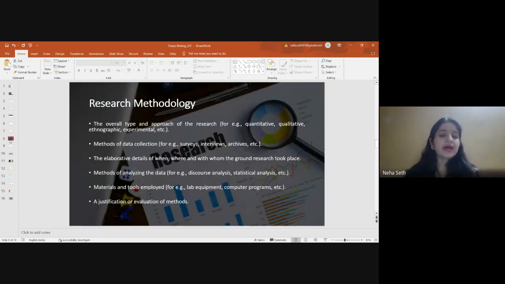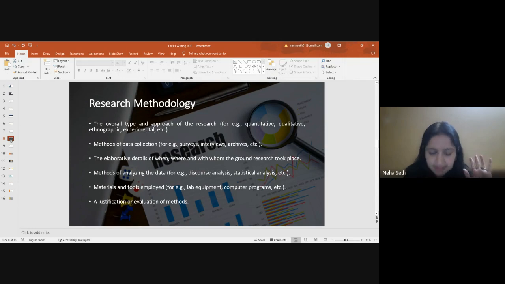Now, once we are done with the literature review, the next thing we need to do is write our next chapter, that is our research methodology chapter. As the title of this chapter says, research methodology. Clearly, in this chapter we have to define what methodology we have.